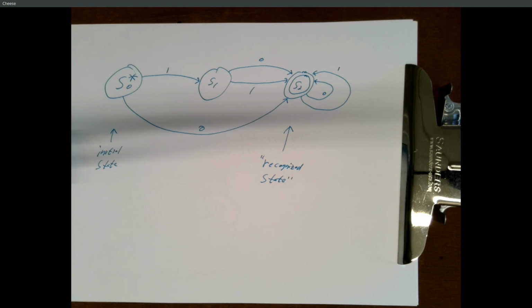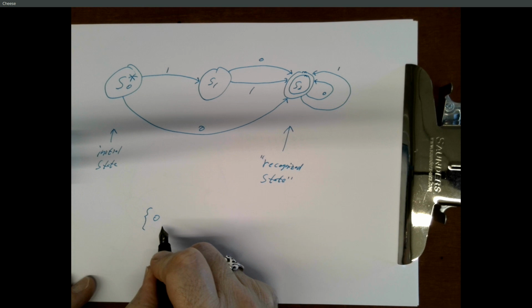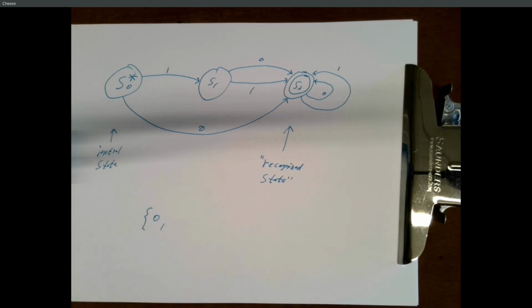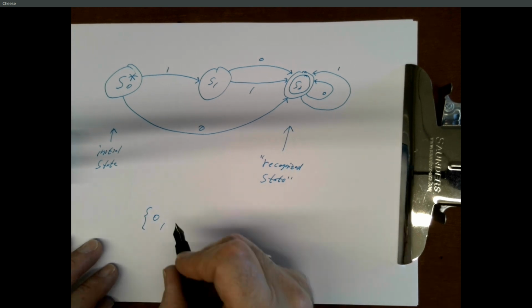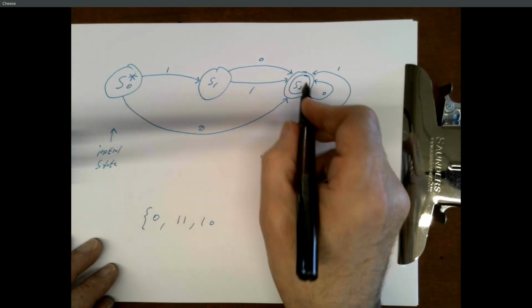So what string starting from S0 will take us to state S2? Almost. So 0. The string 0 is recognized. What else? 1, 1 or 1, 0. 1, 1 will take us there. 1, 0 will take us there.